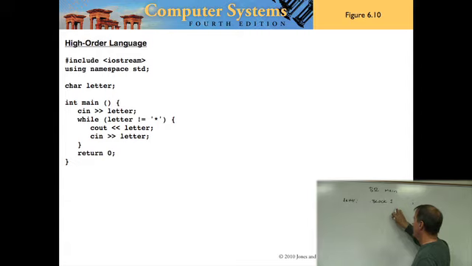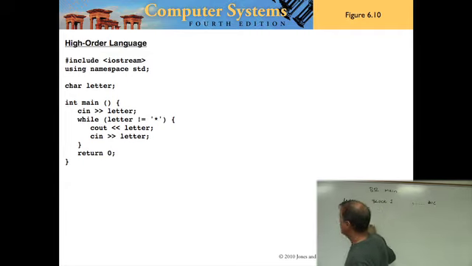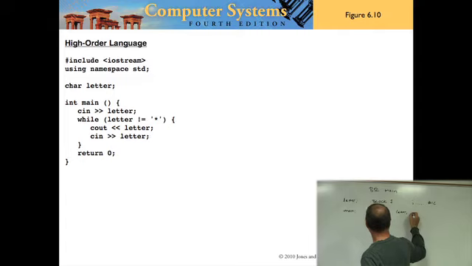Pound 1C. Yeah, this is a global variable. And now what? Character in. Name, main. Letter, letter. But now what's the addressing mode?